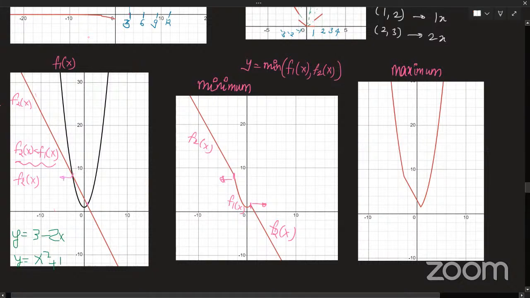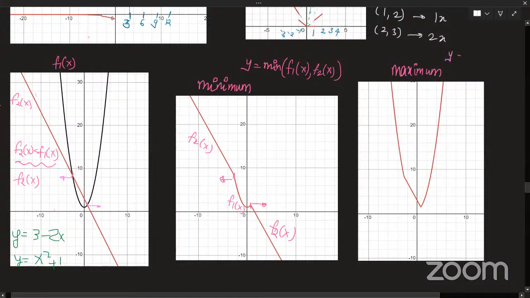To the left of the first intersection point, my red curve is below, so it has lesser value. Similarly, to the right, my red curve has a lesser value. So to the left of this intersection point, it will give me f2 of x. Between these two, it will give me f1 of x. And again, to the right, it will give me f2 of x.